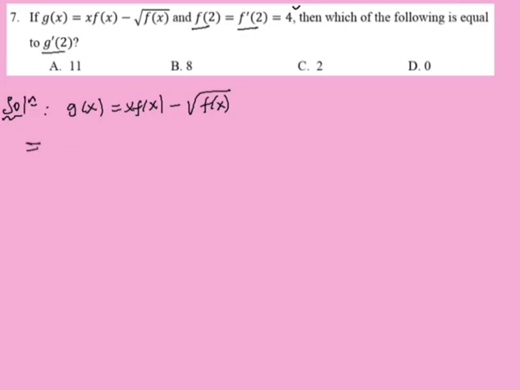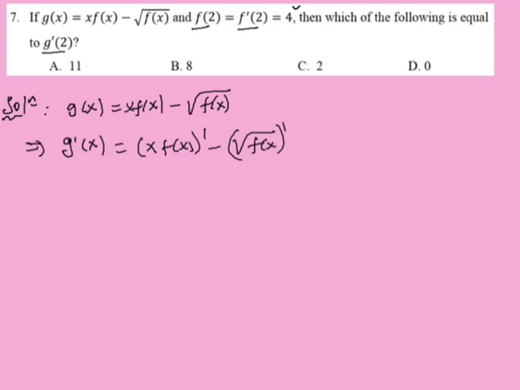First we need to calculate g derivative itself. G derivative is the derivative of x times f of x, minus the derivative of the radical of f.